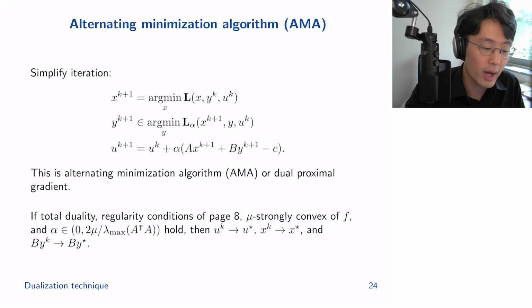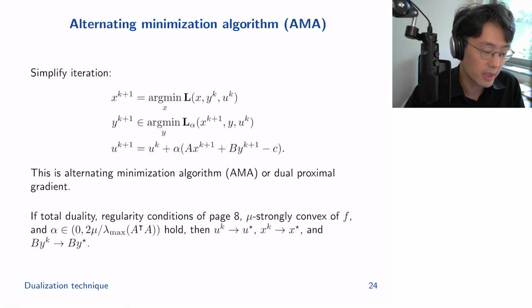So the argument y is guaranteed to exist due to the regularity condition, but there's no guarantee of y being unique. That's why we are using the inclusion notation, defining the iterate y k plus 1. The dual variable update, the uk variable update, for AMA has exactly the same form as that of ADMM.